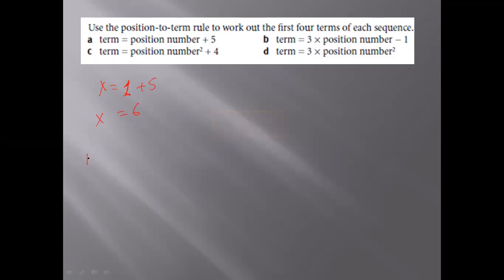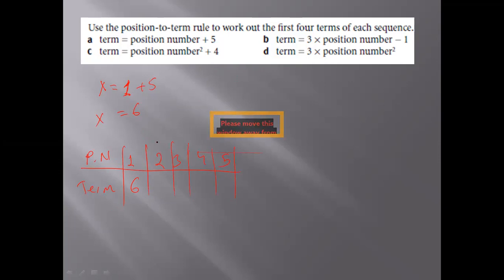And we can write here position number and terms 1, 2, 3, 4, 5. It's the first position, second, third, fourth, and fifth. And what was the first term? It is 6. And the first four terms we need.